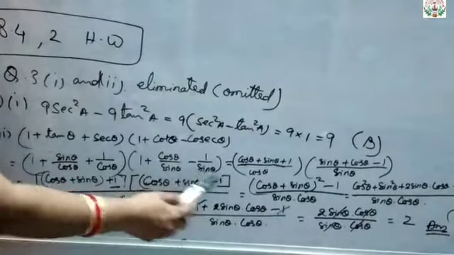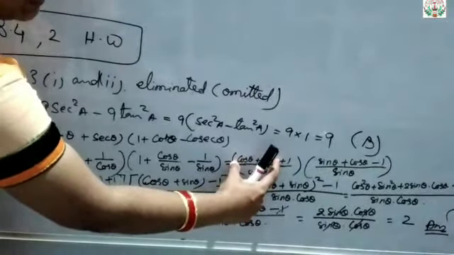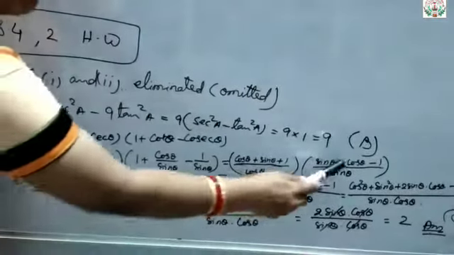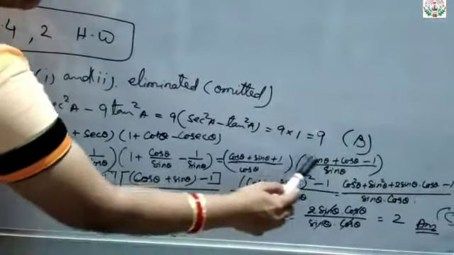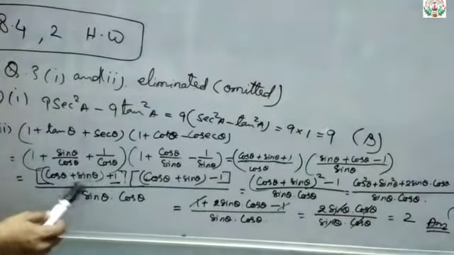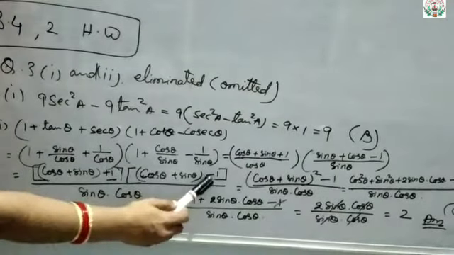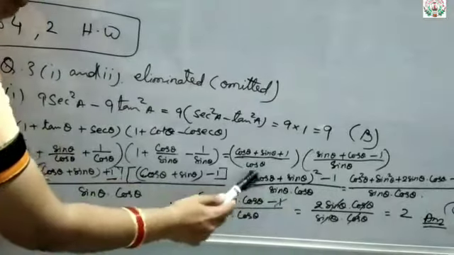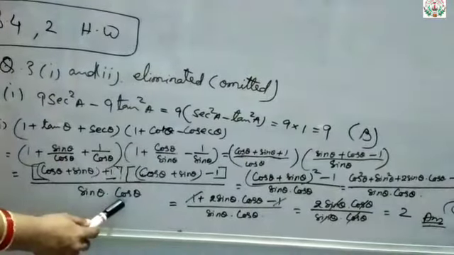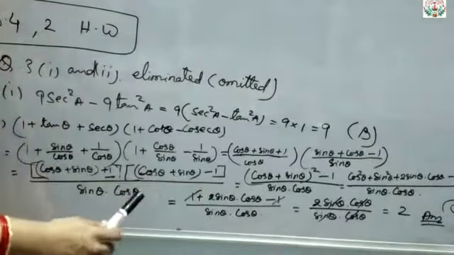Now considering sin theta plus cos theta as A, the formula A plus B into A minus B will come. This whole term I can consider as A plus B, then A minus B, upon the denominator, cos theta into sin theta, since it is multiplication. So now this implies A square minus B square.